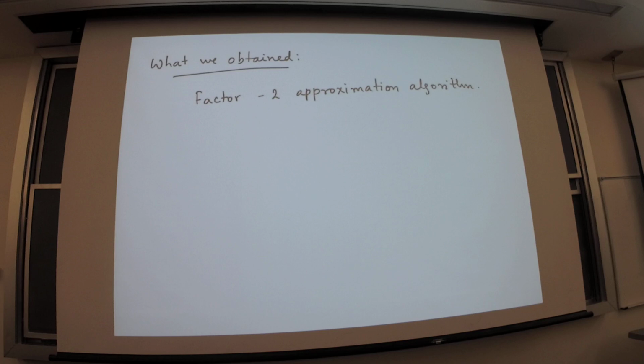Because recall what we did, right? So what did we do? We started with some instance of vertex cover. Okay. We started by writing this optimization formulation.